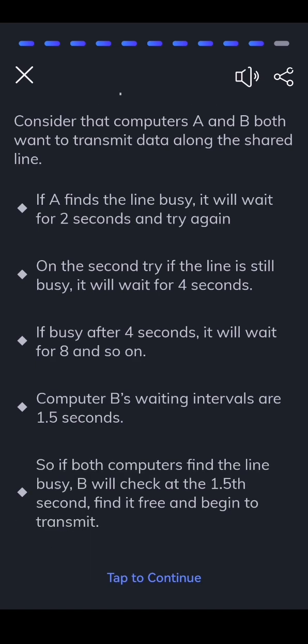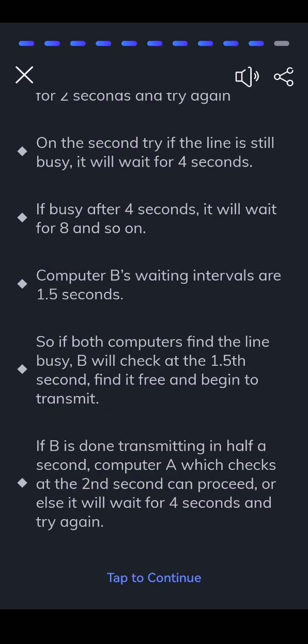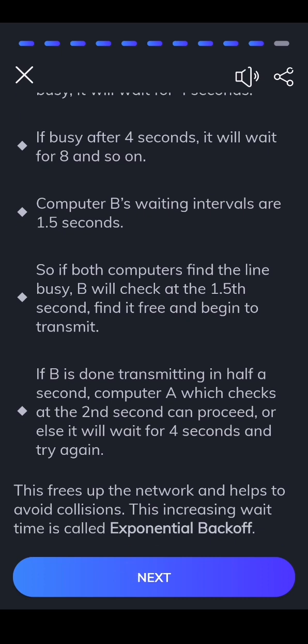So if both computers find the line busy, B will check at the 1.5th second, find it free and begin to transmit. If B is done transmitting in half a second, computer A, which checks at the second can proceed, or else it will wait for 4 seconds and try again. This frees up the network and helps to avoid collisions. This increasing wait time is called exponential backoff.